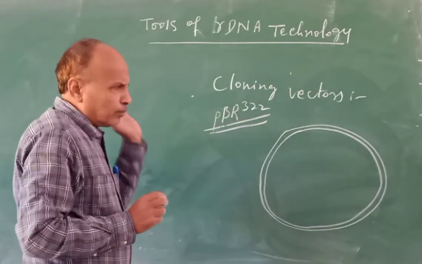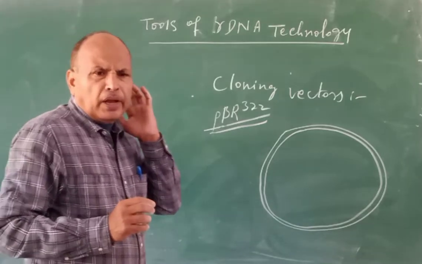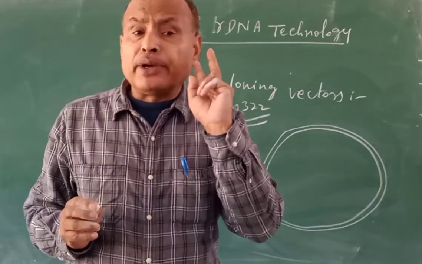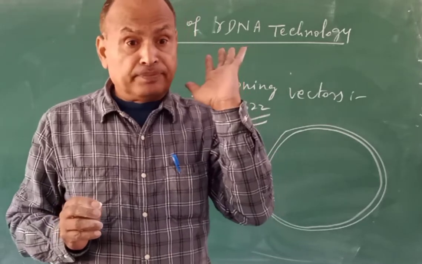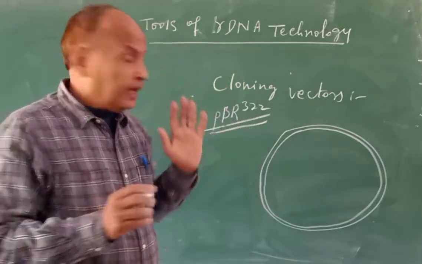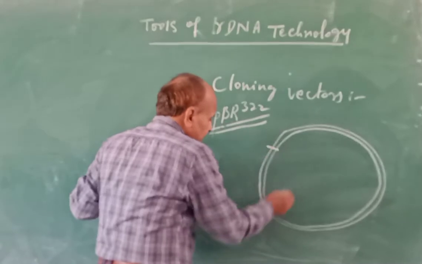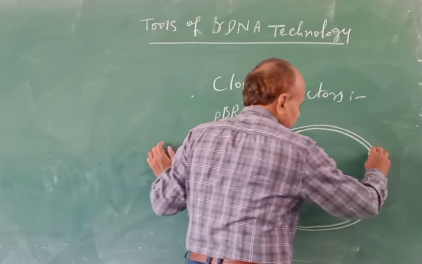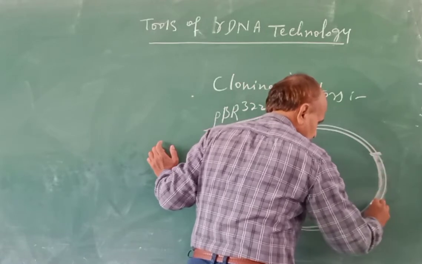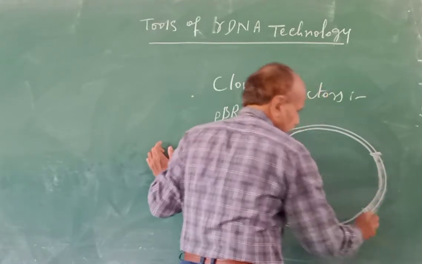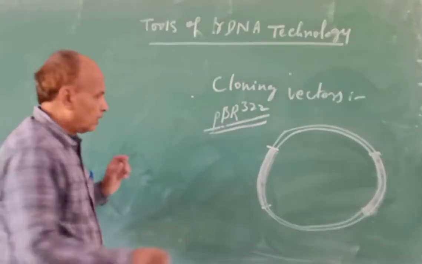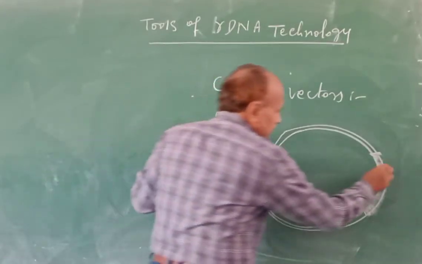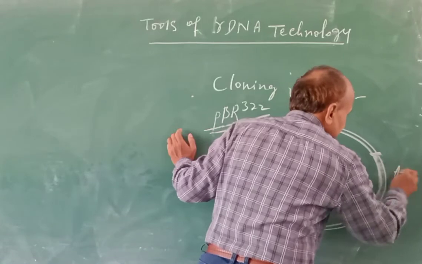अब ये जो वेक्टर होता है, it has two antibiotic resistant genes, ठीक है? इसमें एंटीबायोटिक रेसिस्टेंट जीन्स जो हैं वह दो हैं। One is ampicillin resistant gene and other is tetracycline resistant gene.